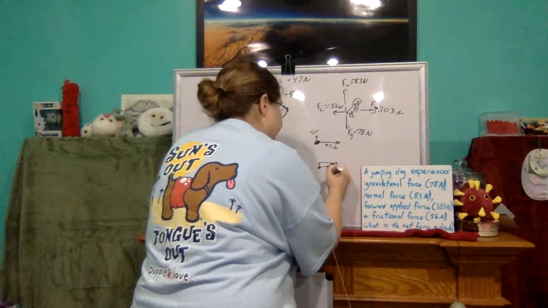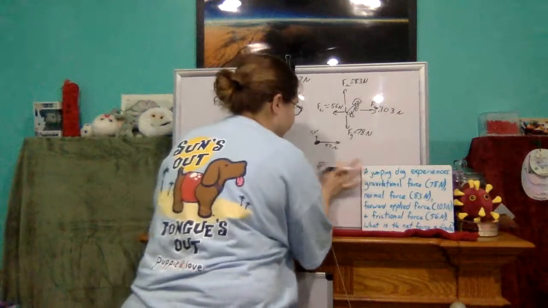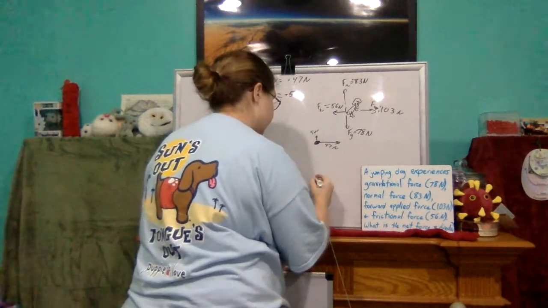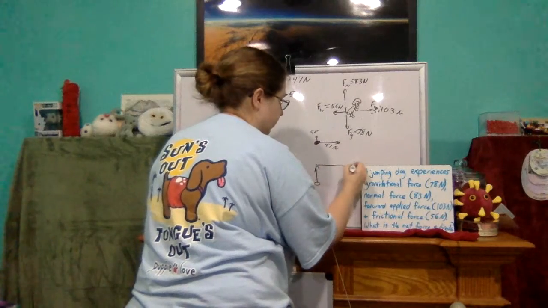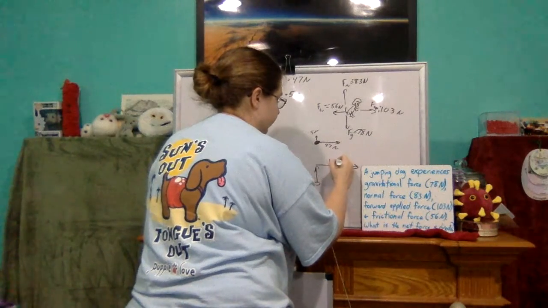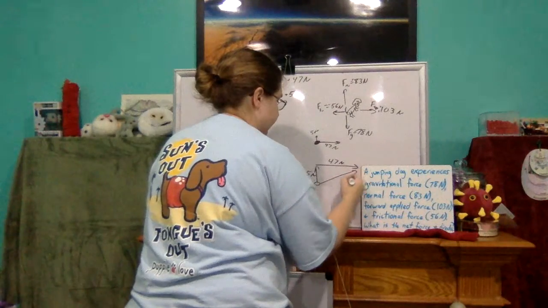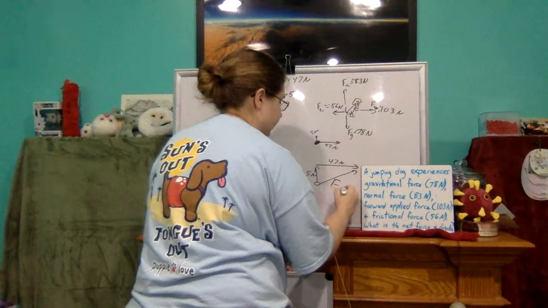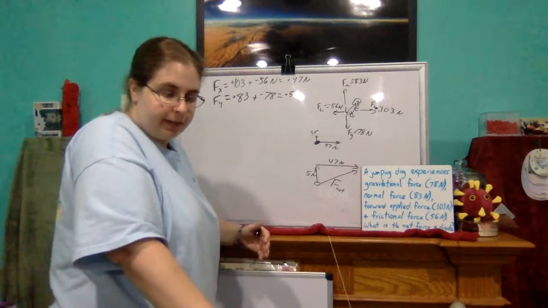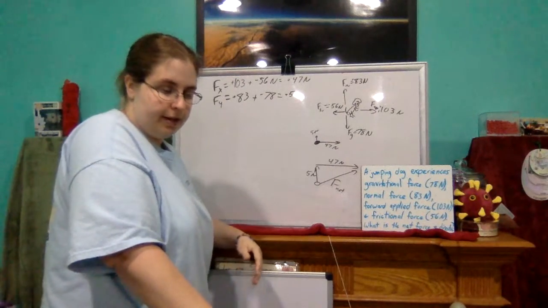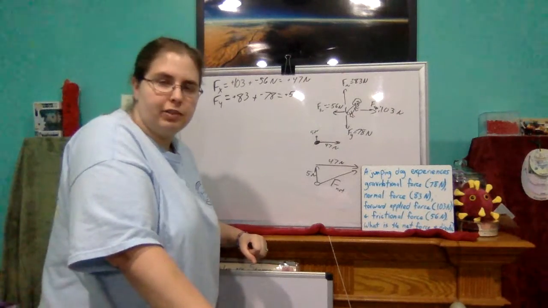That is our net force right there. We want to solve for that. I want to make that a little bit bigger so you guys can see it better. So 47 newtons, 5 newtons. This is our net force, that is our resultant. So now we've got to find the net force of our dog and the direction as well.